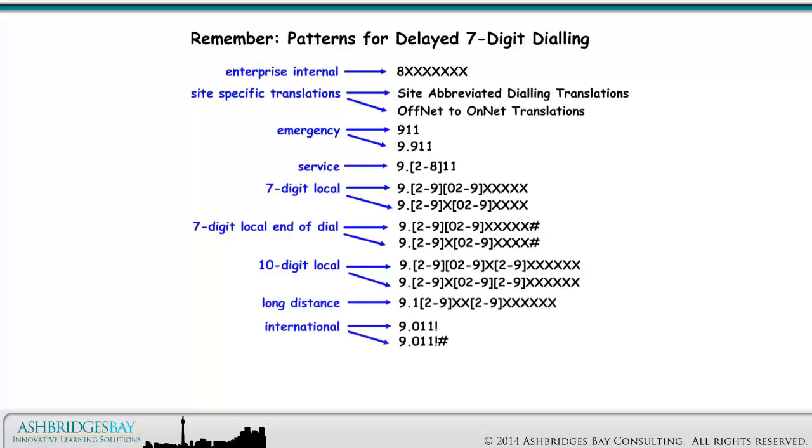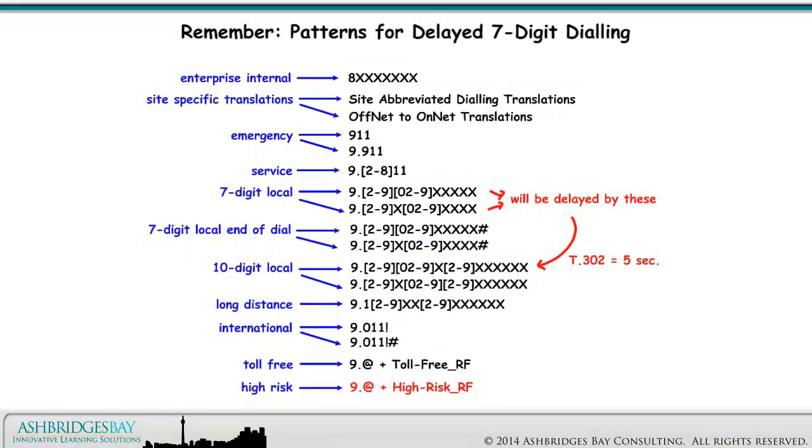International patterns including international with the end of dial indicator pound, toll-free patterns, and high-risk numbers. In this list, the 7-digit numbers with no end of dial will be delayed when dialed, by the 10-digit patterns. If you set the T.302 timer down from its default of 15 seconds to 5 seconds, the delay will be only 5 seconds.